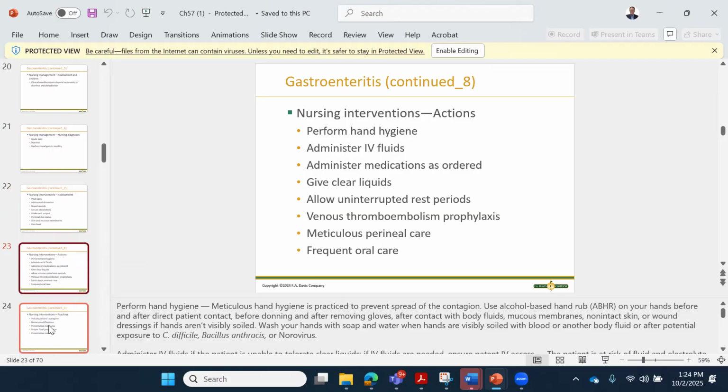You want to make sure that for nursing interventions, you really read through these. Again, I cannot emphasize enough that many questions on exams, including NCLEX, come from your nursing interventions. And the reason that a lot of questions come from nursing interventions is because NCLEX primarily assesses the test taker's application of knowledge.